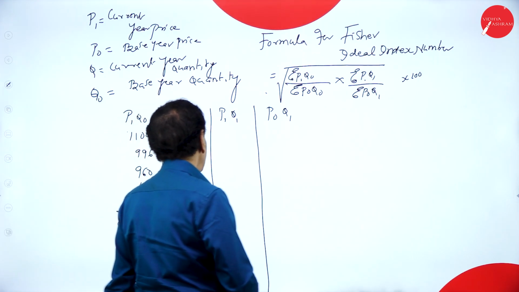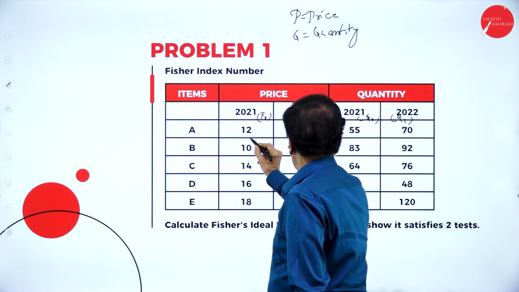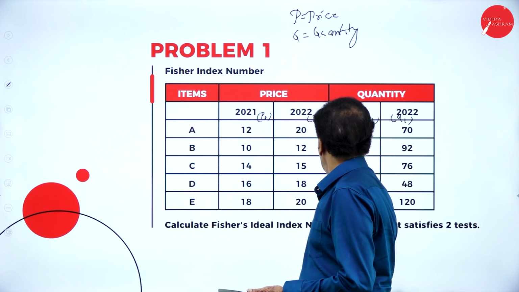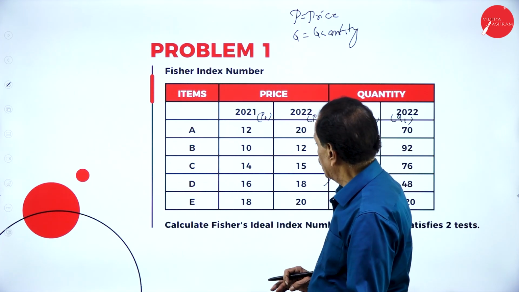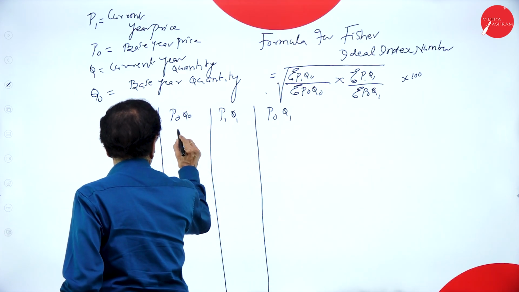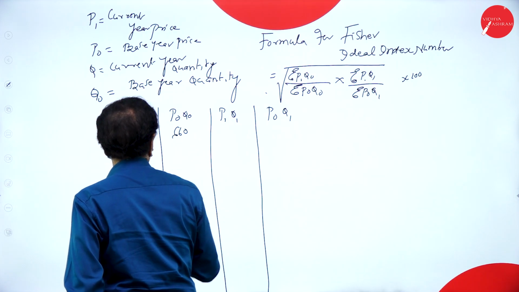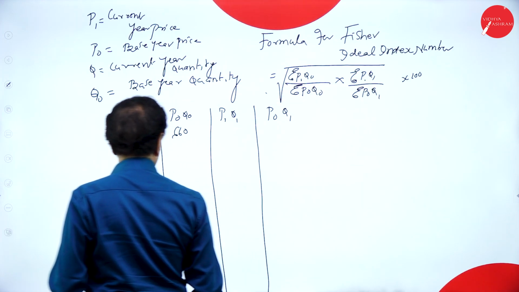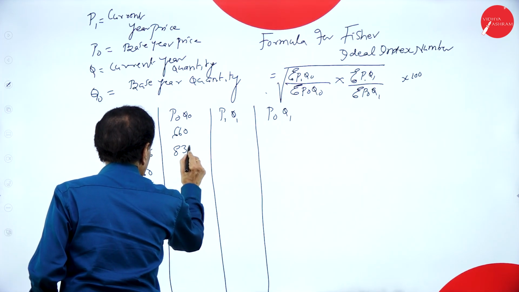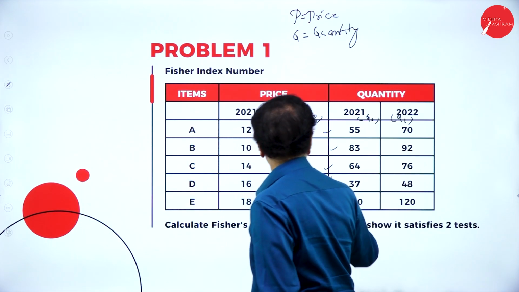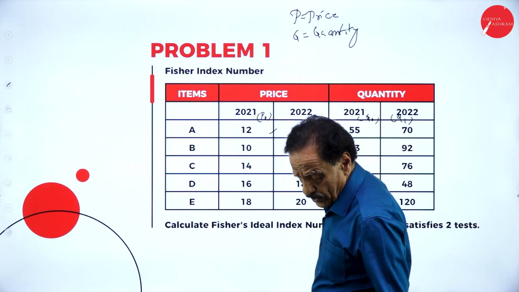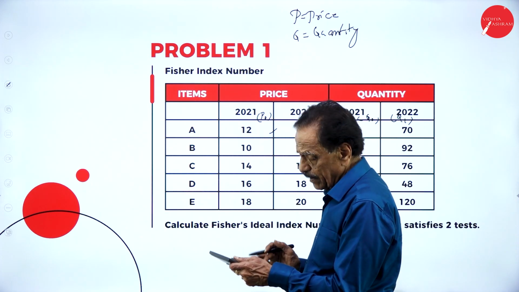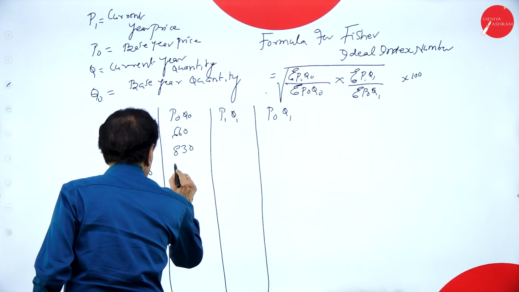Then what do you require? P0 Q0. First one, 12 into 55, 660. This is over. 10 into 83, 830. Next one, 14 into 64, 896.